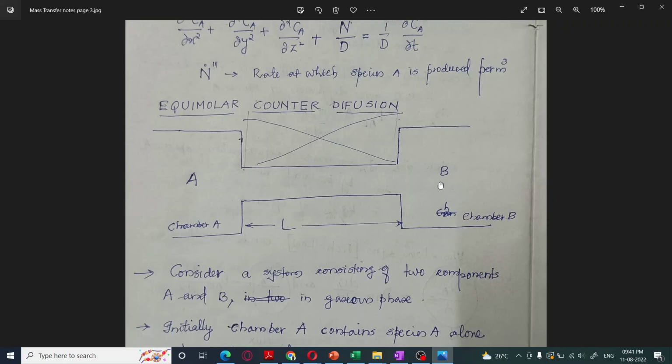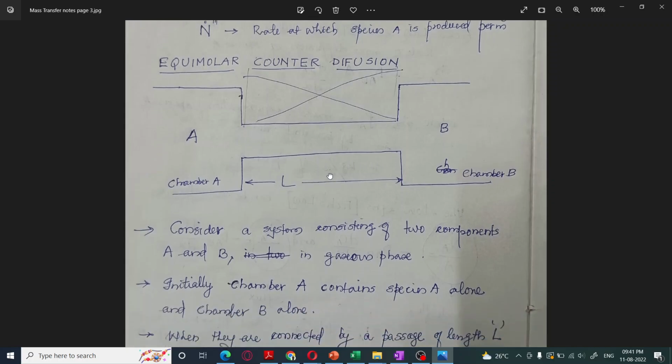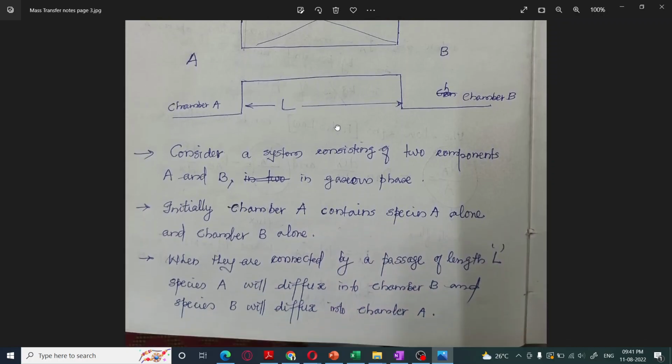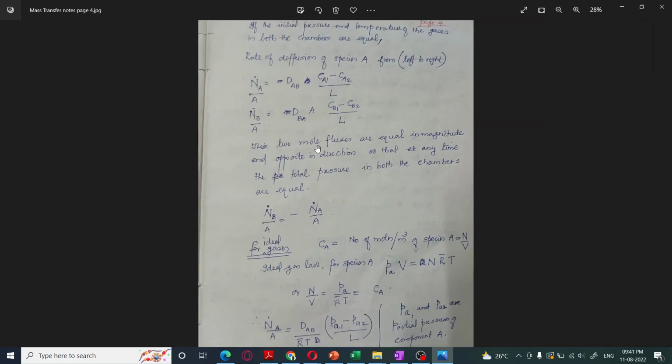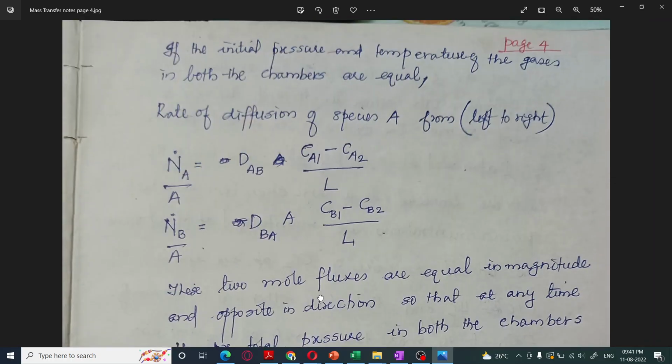This phenomenon is known as equimolar counter diffusion. To find out the rate at which the components diffuse from A to B or B to A at any instant, an equation is derived. So this is the particular case we have, equimolar counter diffusion.